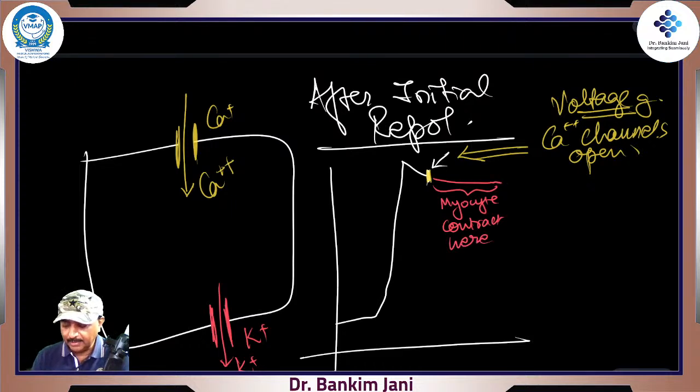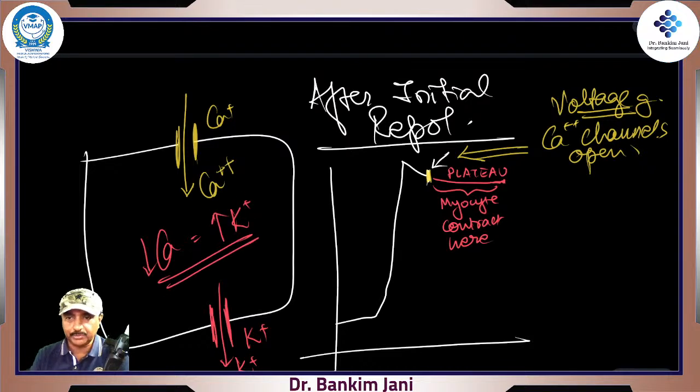And then after contraction, this point is called the plateau. It is where the calcium which is incoming is equal to the potassium which is outgoing. So it's an electroneutrality sort of thing. They both are completely the same. That's what really happens at the plateau.